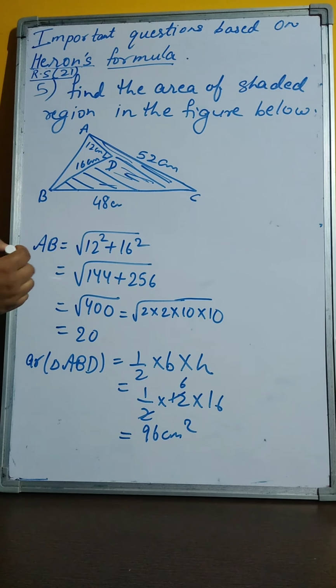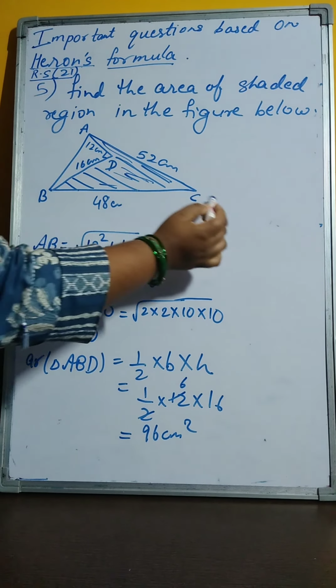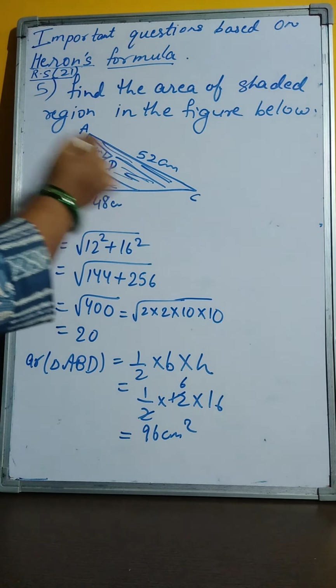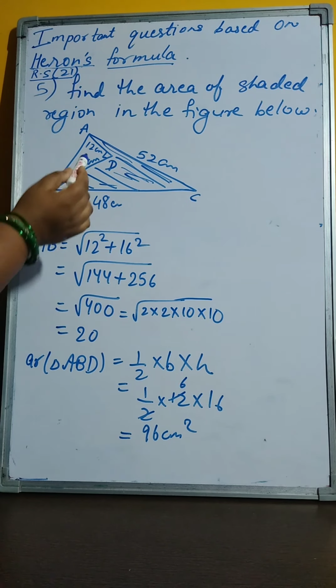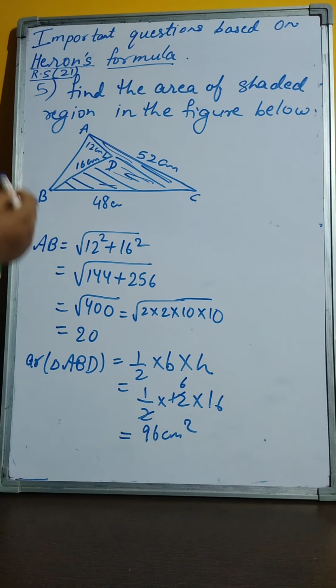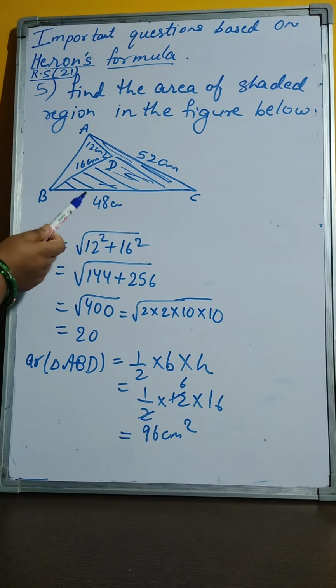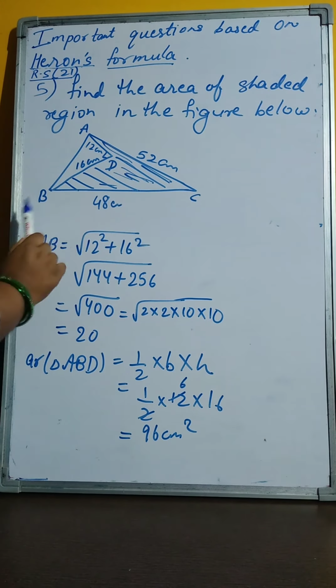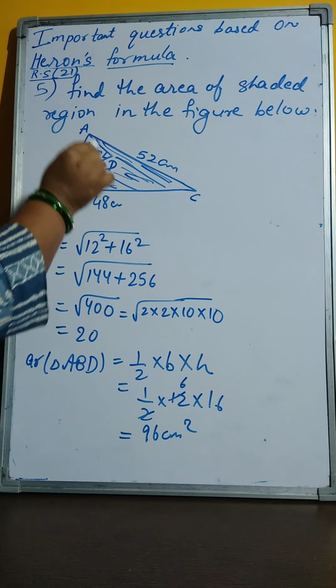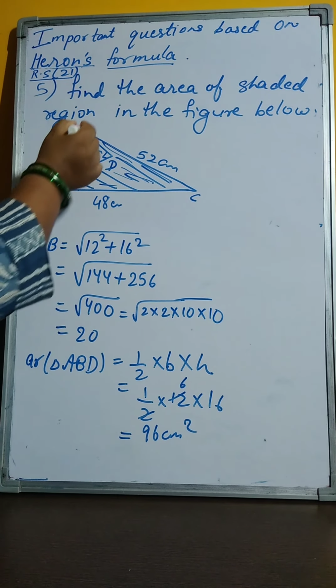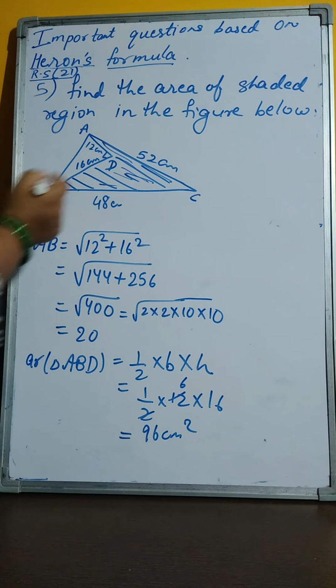So for that, what shall we do? We will calculate the area of ABC and we will subtract ABD from that. So we will get the area of shaded region. But for calculating area of ABC, we need the side AB because two sides are given, AC and BC. But triangle ADB is a right angle triangle. You can see AD and BD.